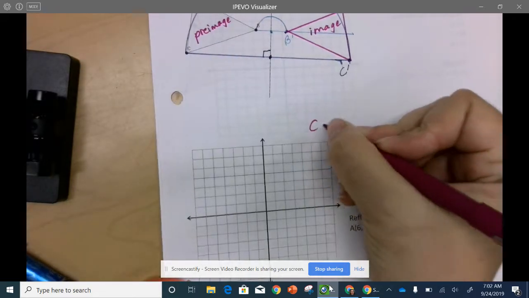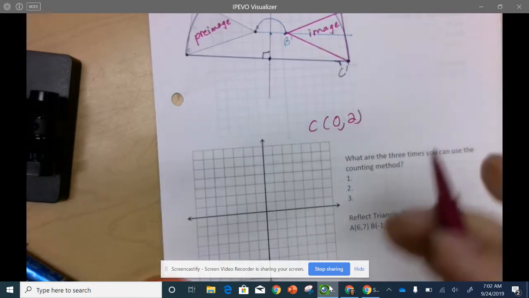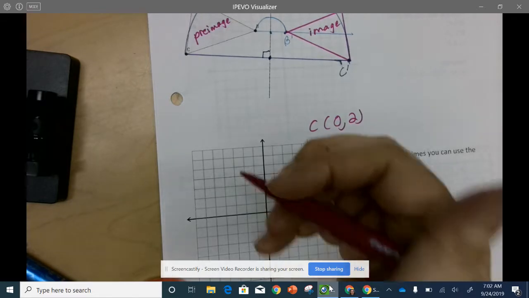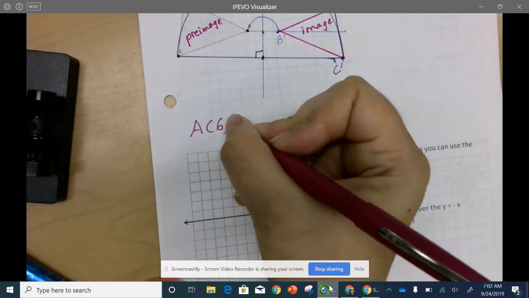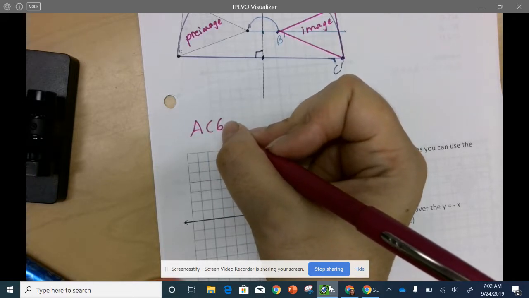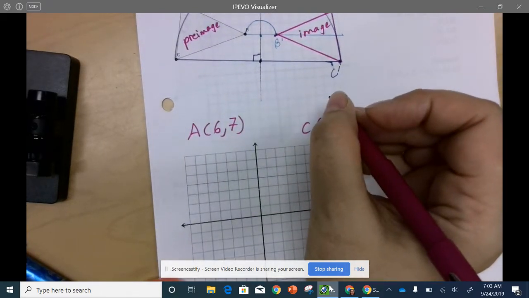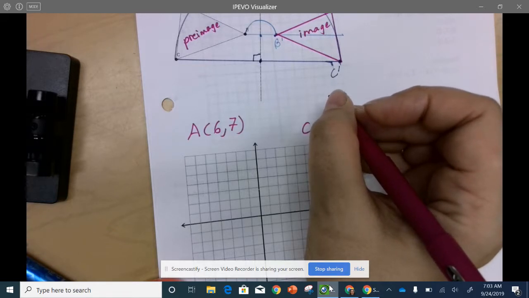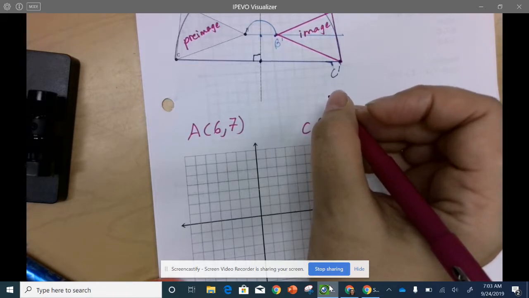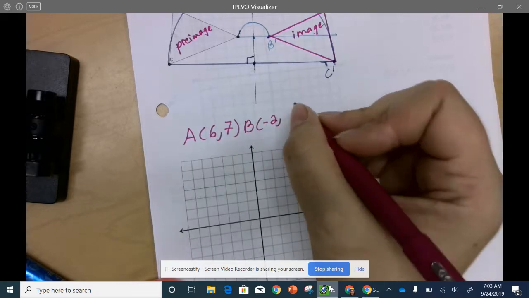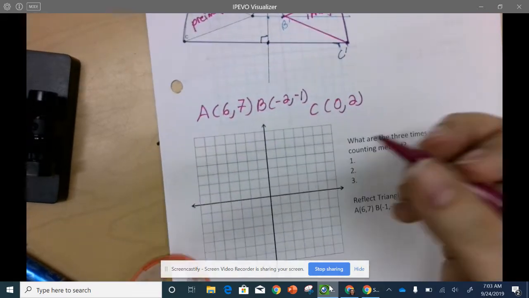Okay, so C is at 0, 2, and A is at 6, 7, and then B is at 6. Okay, so let's go ahead and graph them.